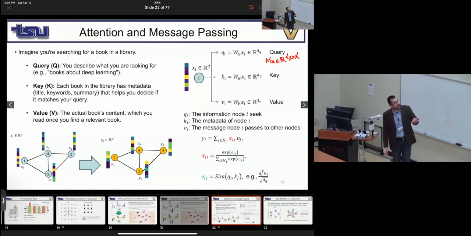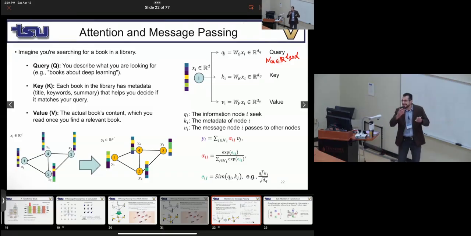You create a key in the same way. And this d_q is not a typo. This could have been d_k, but d_k and d_q must be equal to each other for a reason we will see immediately. So this W_K is also in R^(d_q by d). And then you have the value, which is also a linear function, and it's going to be in R^(d_v by d).